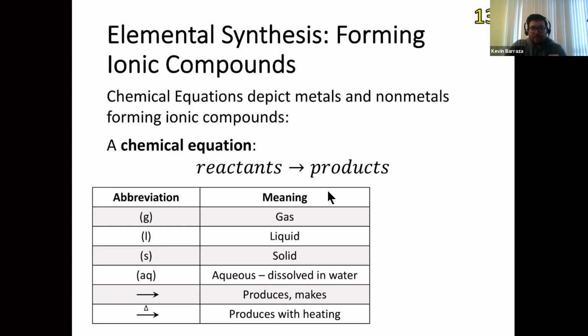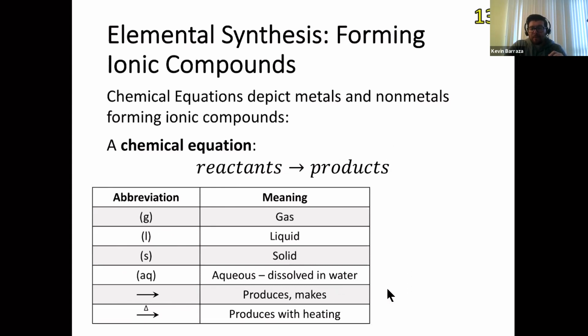Now, a couple things, much like in a recipe, it's important to designate, say, if you're baking, whether you're using granulated sugar or powdered sugar or brown sugar. In the same way, we also have designations of what phase the substance is going to be. So we have G for gas, L for liquid, S for solid, AQ means aqueous, which is dissolved in water.